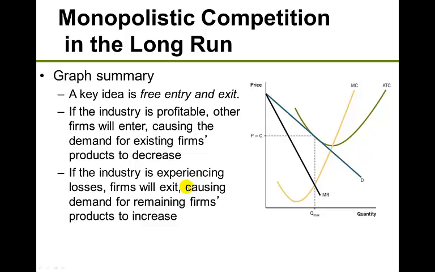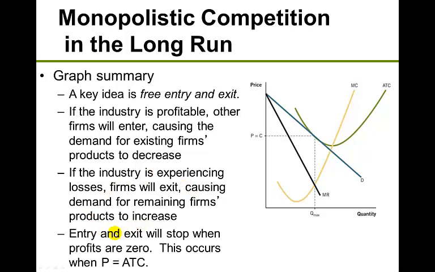The opposite thing will happen if the industry is experiencing losses in the short run. Some firms will leave the market. That will shift the demand and the marginal revenue curve out until we get to the same tangent condition. And again, this is going to stop when profits are zero. So how are profits equal to zero here?